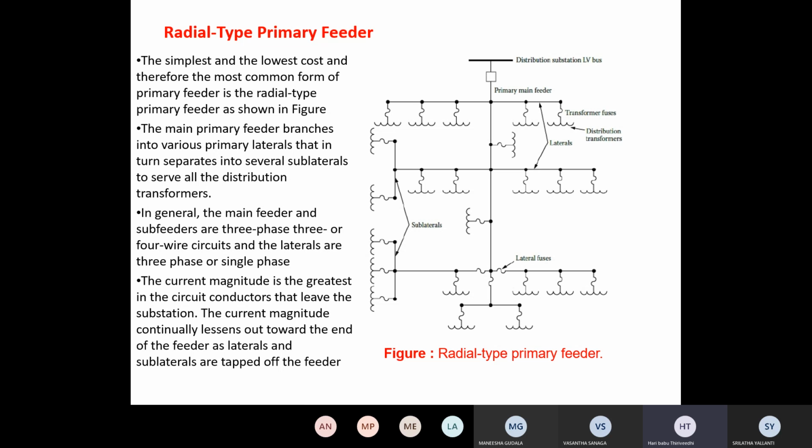So suppose any voltage fluctuation occurs in the feeder, we may resize the feeder, whether laterals or sublaterals, depending upon the thermal capability. Thermal capability in the sense of the current carrying capacity of a feeder. Draw the figure, a simple feeder.